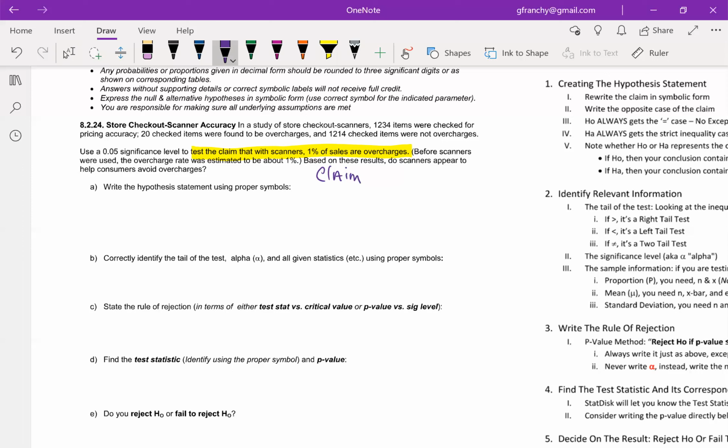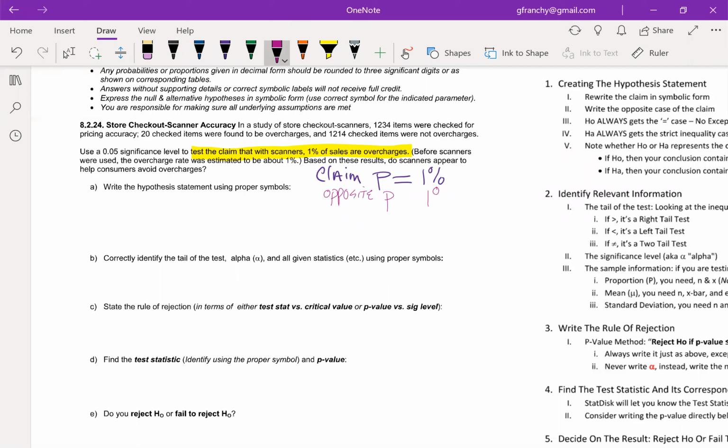That's a categorical variable. We're dealing with a proportion here. Plus, they didn't explicitly say mean or standard deviation. And they claim that 1% are overcharges, that is, proportion is equal to 1%. We also want to go ahead and make a note of what the opposite is.